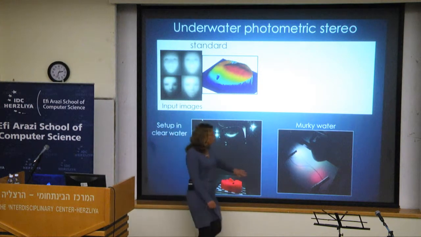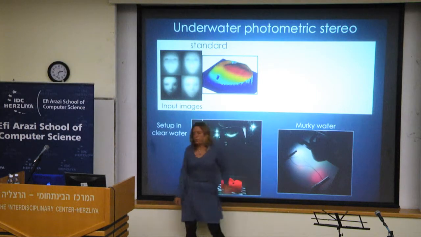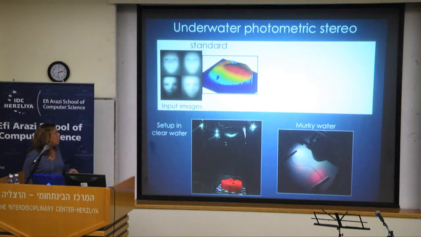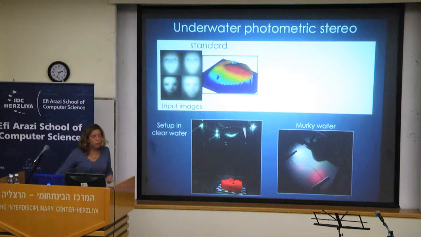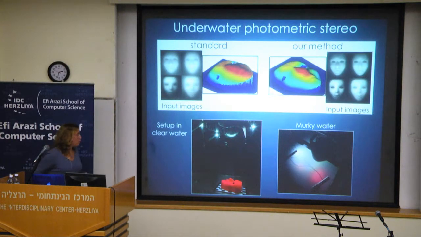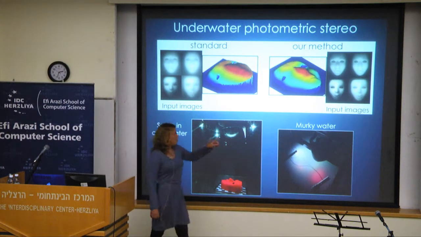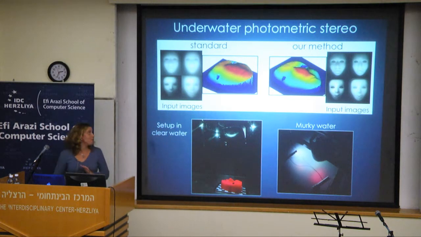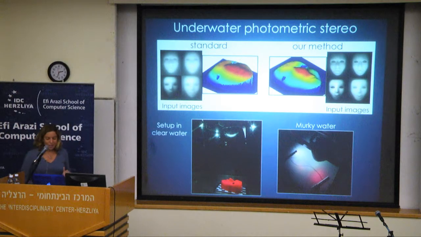This is how it looked when we actually made the water turbid. And what you see on the left are the 4 input images we're using, and the result using the standard equations. And when you look at our method, these are the input images, and you see we got a nice symmetric face and not a scary face as on the left.